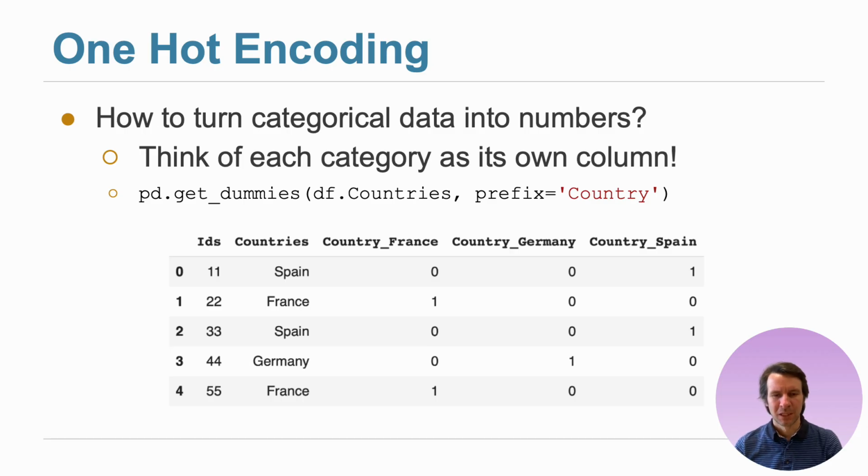When you do it like this, sometimes algorithms may be a little unhappy because there is a little bit more dependence than necessary. If you look at the last column, you can erase the last column, the country Spain. It's derived from the other 2 columns.